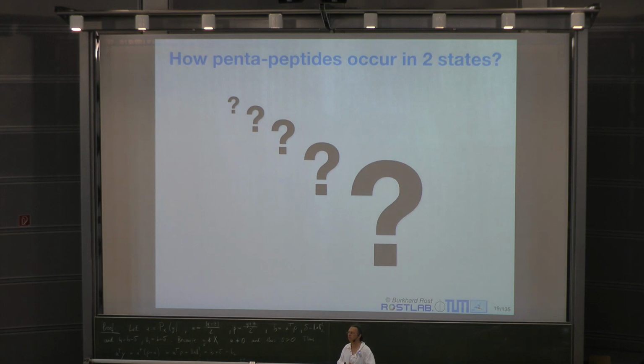Any idea? Yeah? It depends on the environment, exactly. So it may be that these 5 sit next to something that makes them form a beta strand, and if they don't sit next to that, then they do look like a helix, for instance, right? You could imagine that, and that is exactly what happens.